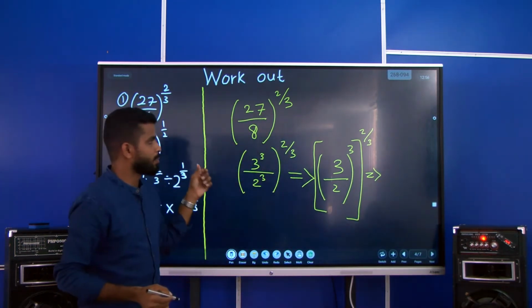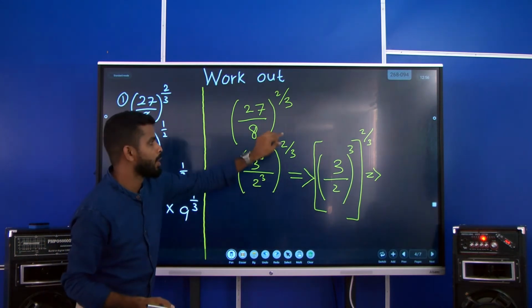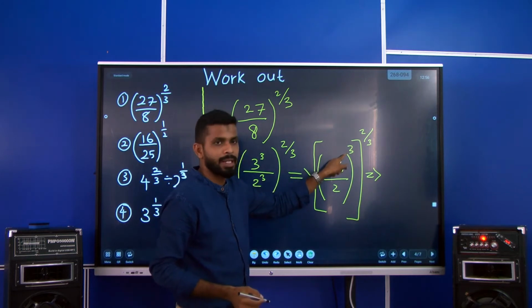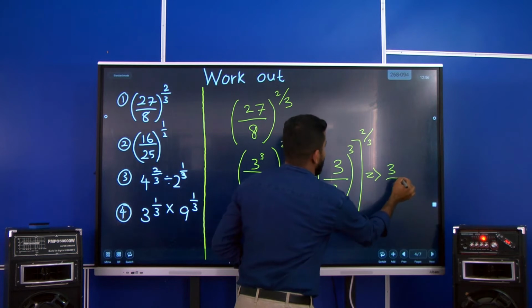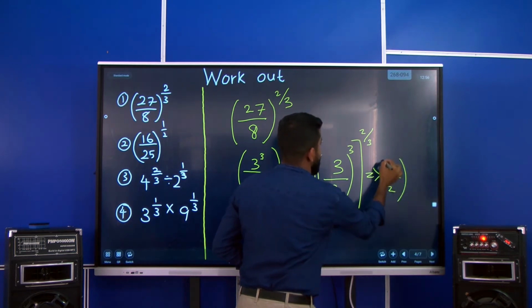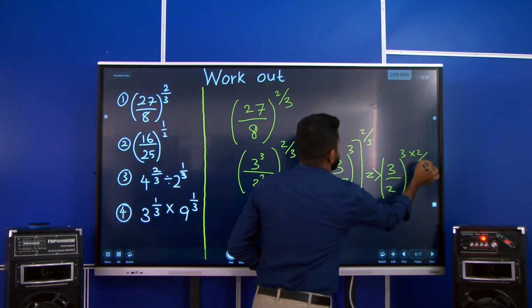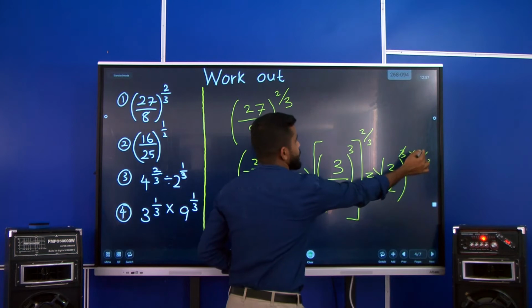Now see here, this is the time for us to apply our third rule: when raising to a power, the power which was existing earlier is multiplied by the latest power. Therefore, 3 divided by 2 to the power 3 multiplied by 2/3. This 3 and this 3 cut off, only this 2 remains.